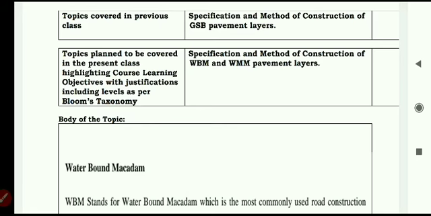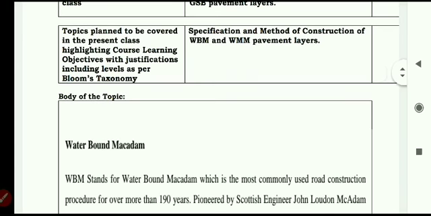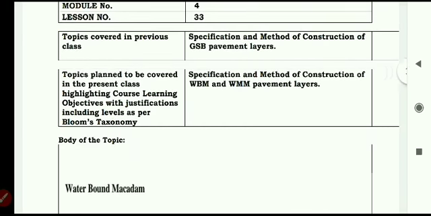This water bound macadam layer is constructed exactly above the subgrade soil, and it is a part of granular subbase. Sorry, it is a part of base course. The WBM is a part of base course.